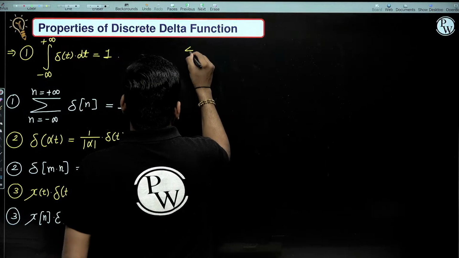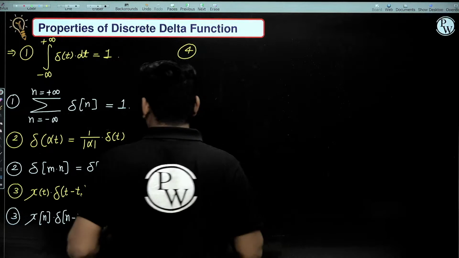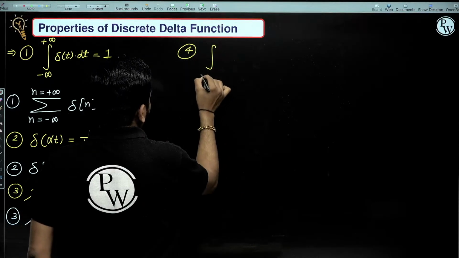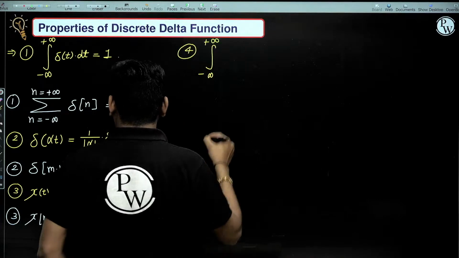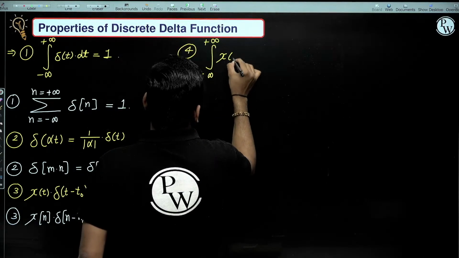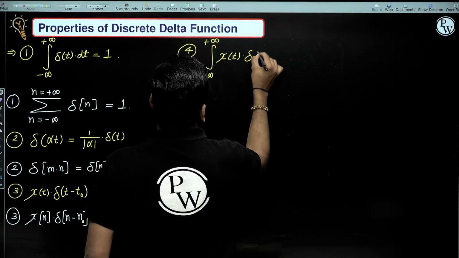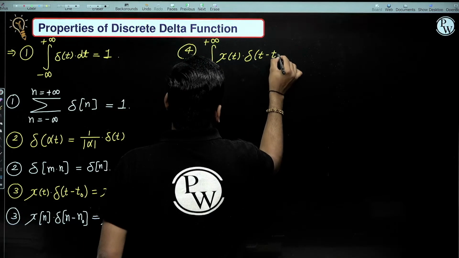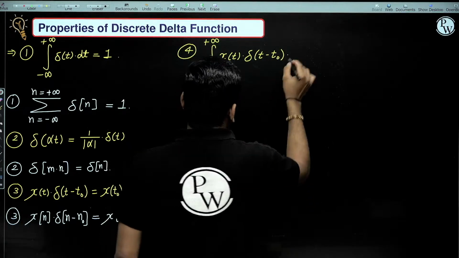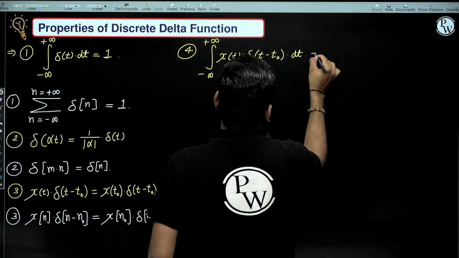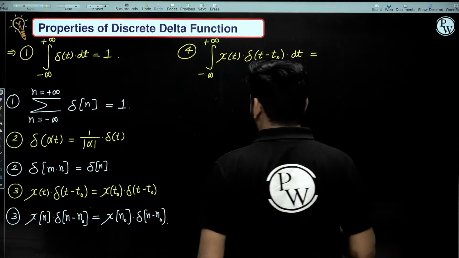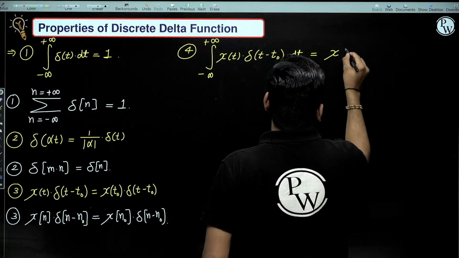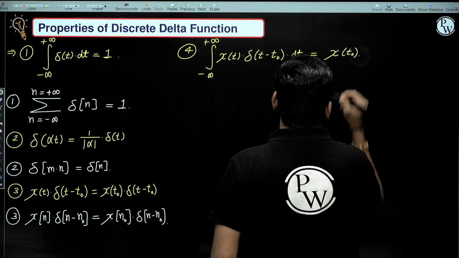In a similar way, the fourth property is the sampling property. So here, if you do the integration from minus infinite to plus infinite of x of t into del t minus t naught into del t, then it is nothing but x of t naught, guys.